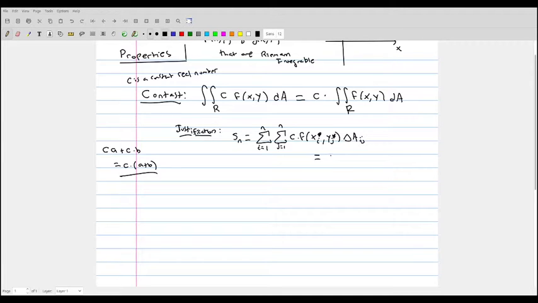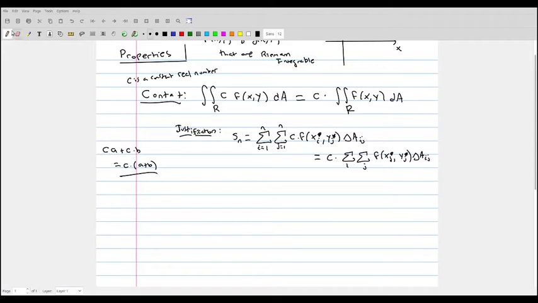So this sum is going to be the same thing as c times the double summation over i and j of the function at the sample point times delta A i j, which is the Riemann sum for the integral of the function f. This is a nice justification of why the constant rule holds.